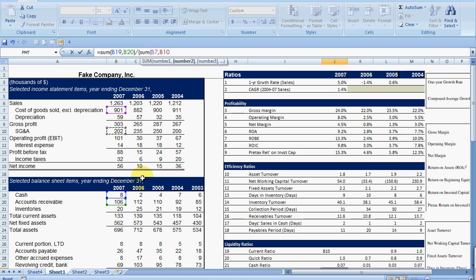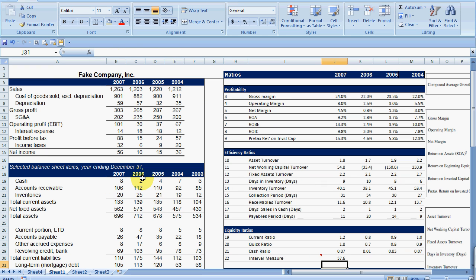Then we divide that number by 365, close that parenthesis, and that should give us this number of what our current capital is compared to our daily operating costs, and we can spin that over to the right and check it out.